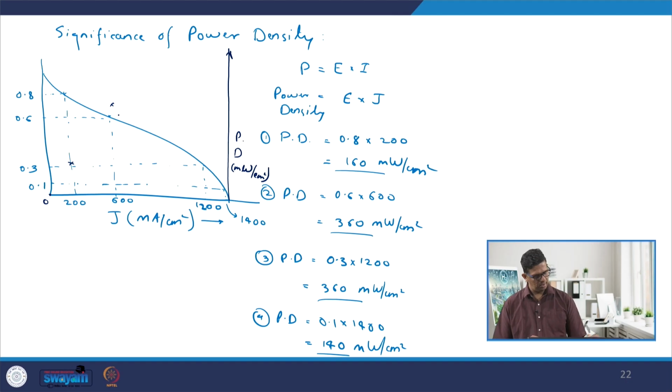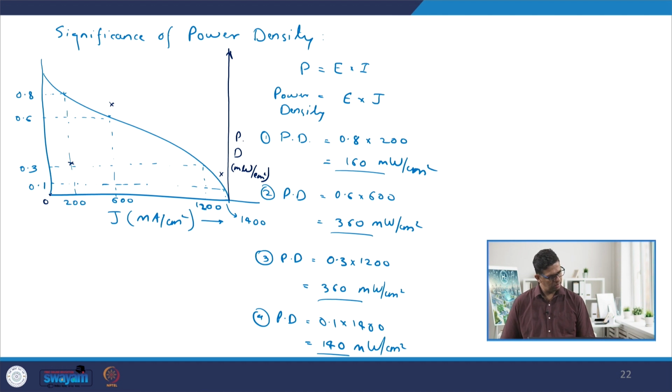In this case I have taken the power coming the same at the second and third points, so there will be a plateau here. If I neglect that and go ahead with the fourth point, which is again at 140, it will be somewhere around here.